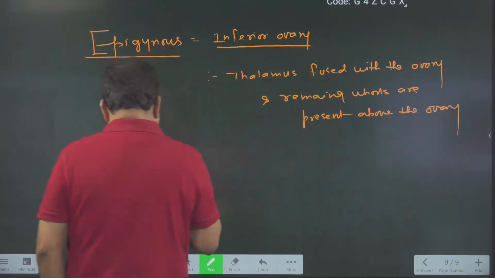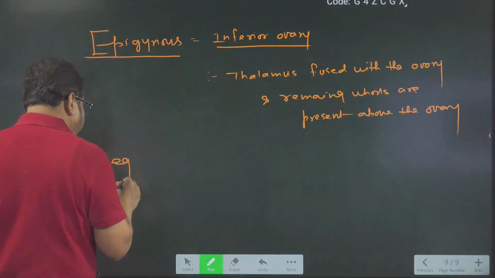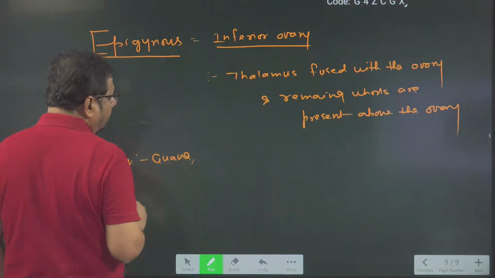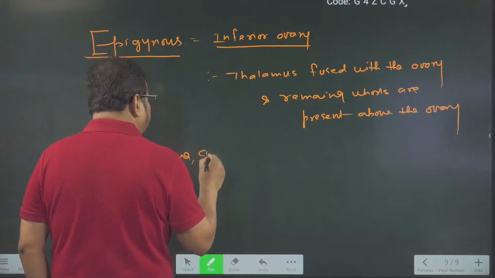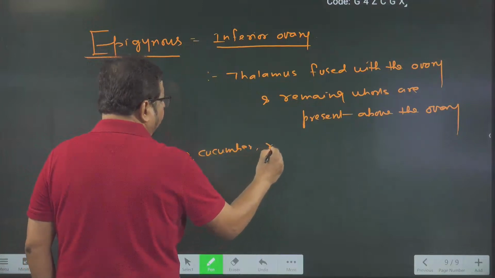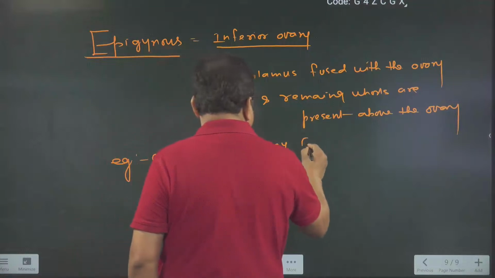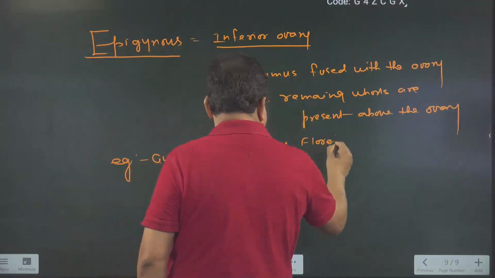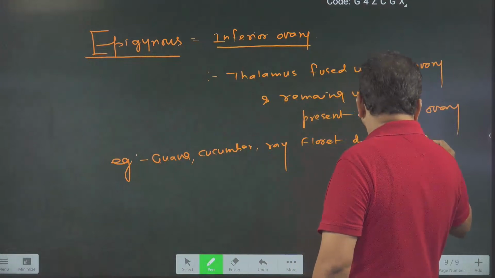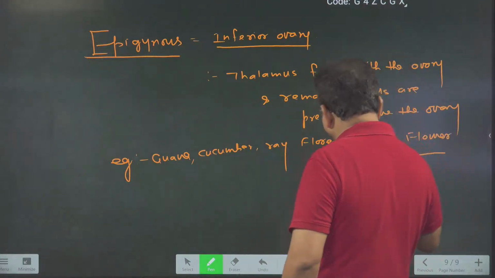Examples of this epigynous condition are guava, cucumber and ray florets of sunflower.